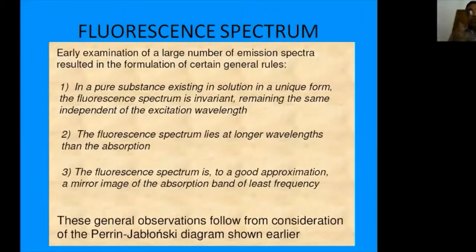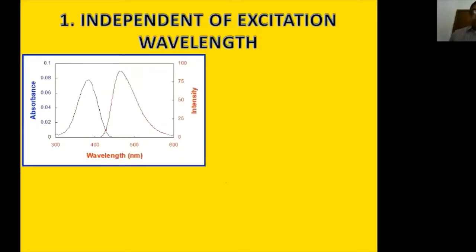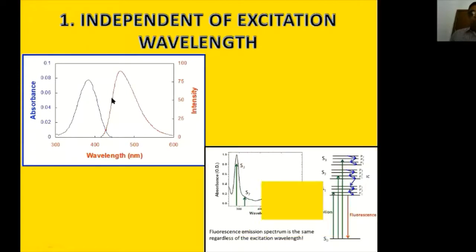These are the 3 fundamental basics of the fluorescence spectrum. If you have only one absorption band, wherever you excite within it, the emission is independent of excitation. If you have more than one absorption band, even if you excite a different absorption band, the emission spectrum remains the same. This is what is important.